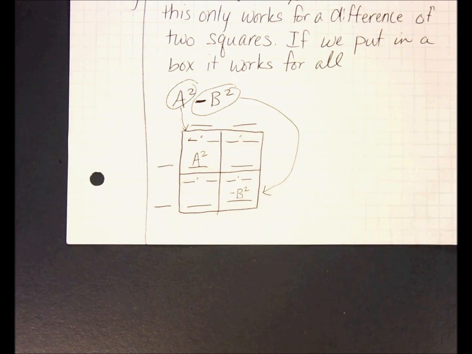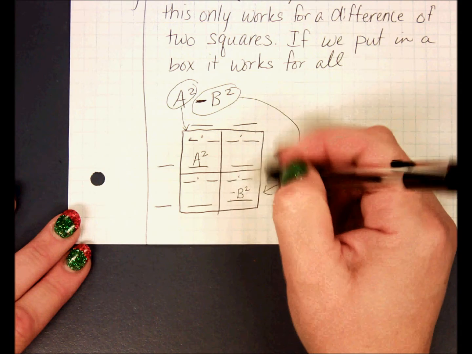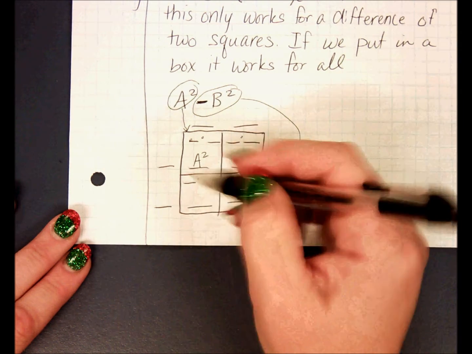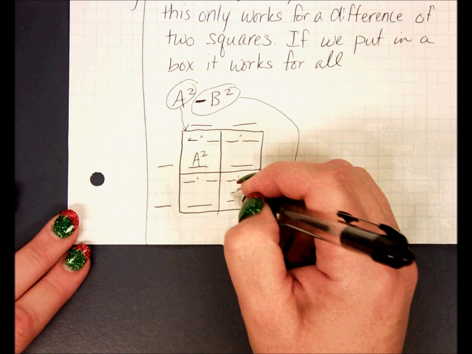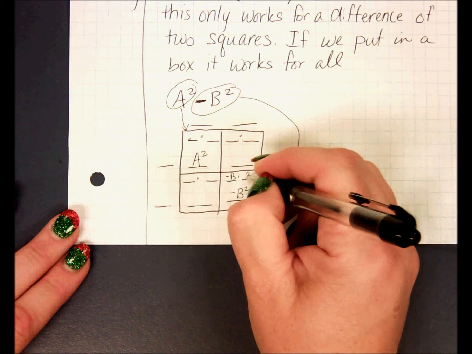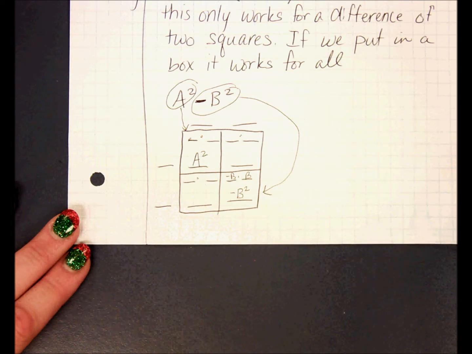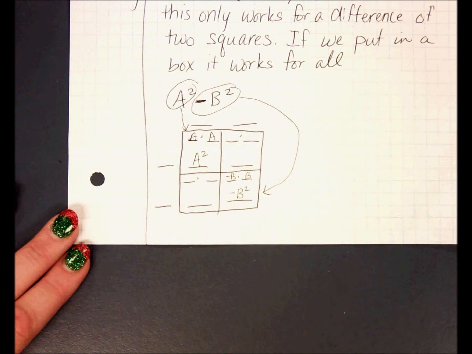If you remember in chapter 5 when we were doing the boxes, we said, okay, what goes in this column, what goes in this column? The only way I can get b squared, and I can get negative b squared, is by saying negative b times b. The only way I can get a squared is a times a. Now I can complete the entire box from that information.